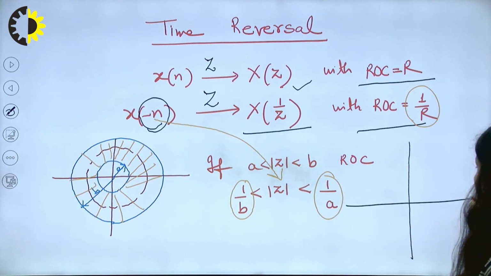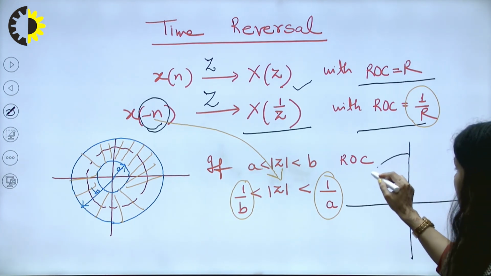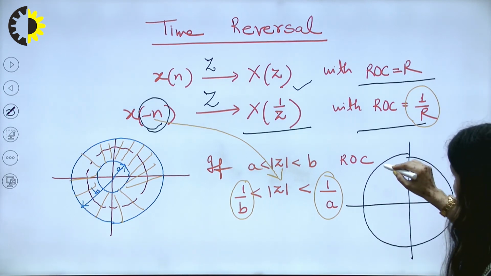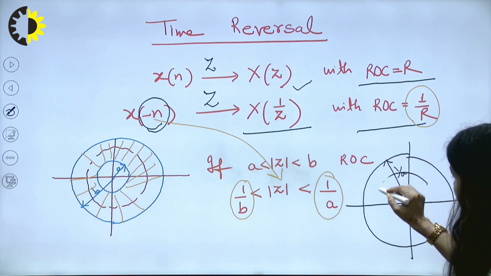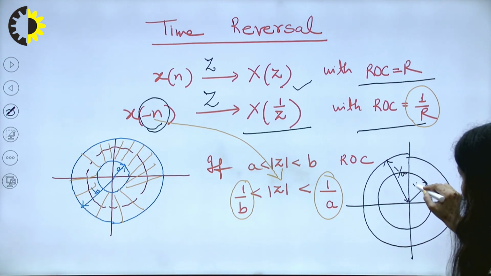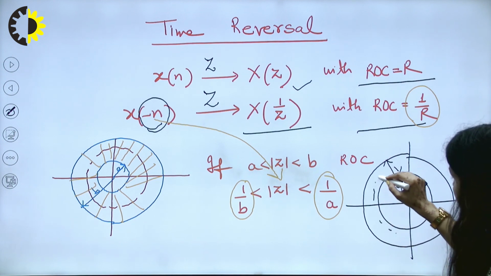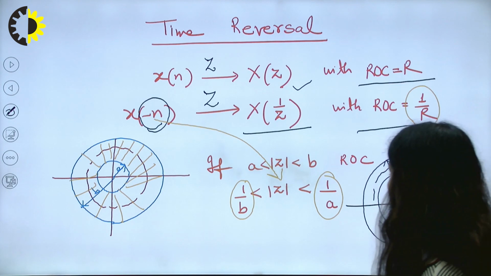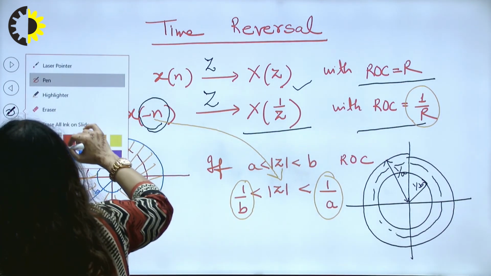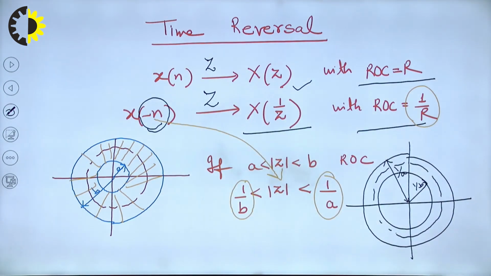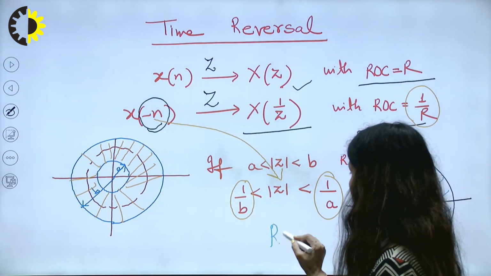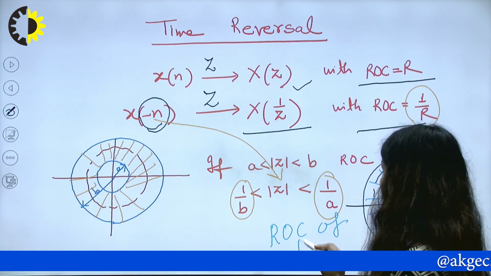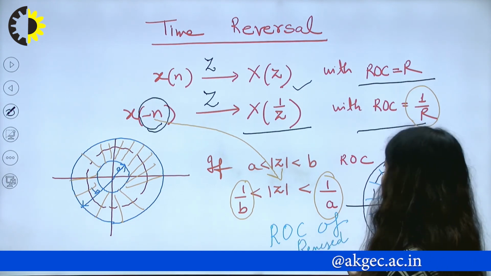The new ROC will be this: this circle is of radius 1 upon A and this circle is of radius 1 upon B. The unit circle is somewhere here, and this will be the ROC of the reversed sequence.